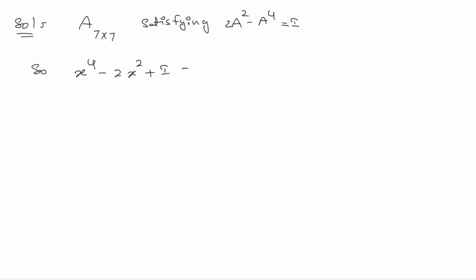The only hypothesis given is that A is a 7 cross 7 matrix satisfying 2A squared minus A power of 4 equal to I. So one of its annihilating polynomials is x power of 4 minus 2x squared plus 1.